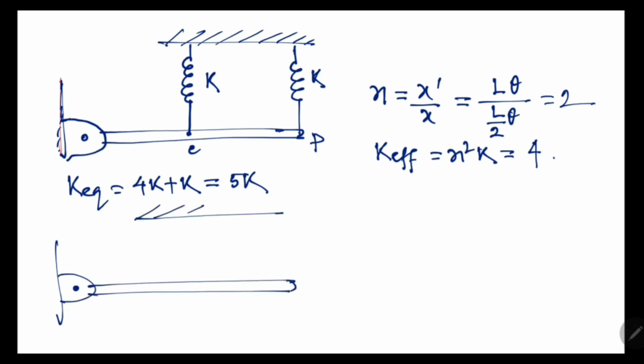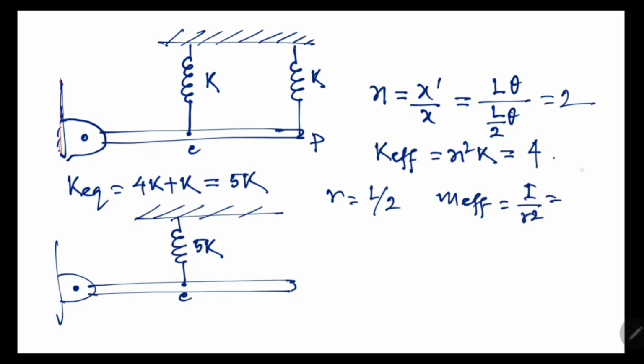So my next diagram is like that. Here is the rod and here is a spring connected to position C having spring constant 5k. So in this case also r equals L by 2, therefore effective mass is I by r square, where I is m L square by 3, divided by L square by 4, that means 4m by 3.